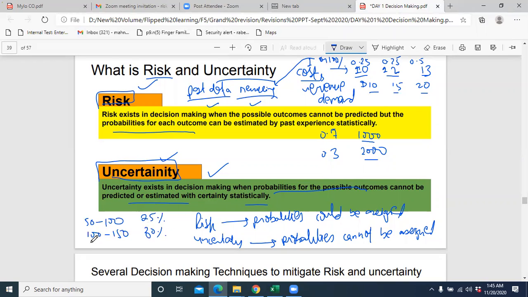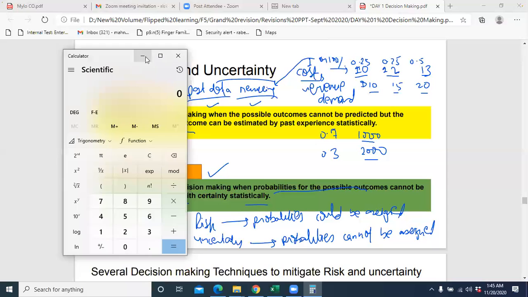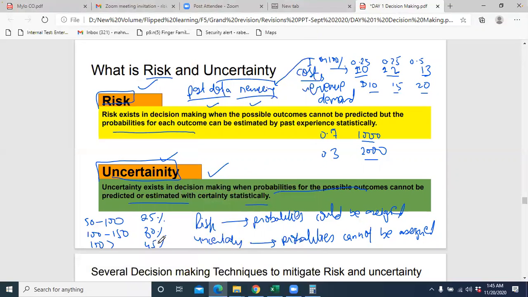And over 150, the probability of accident would be whatever would be the differential, 30, 40, 50, 55, and the rest, 100 minus 55, is 45. Probability would be 45%, and overall it needs to be 100%.